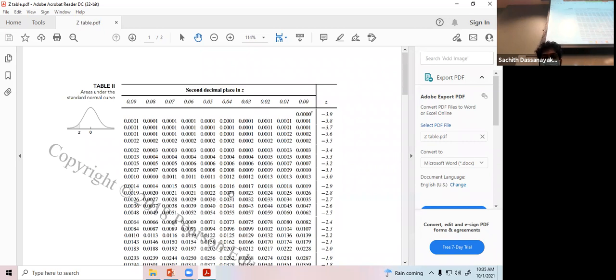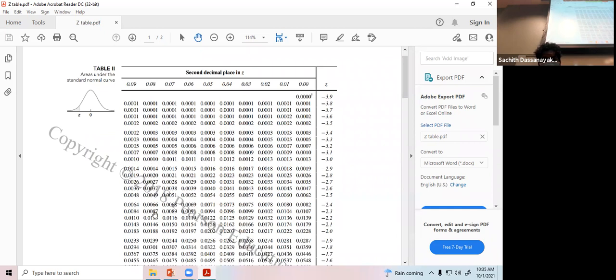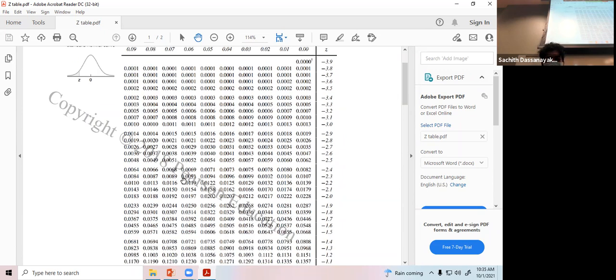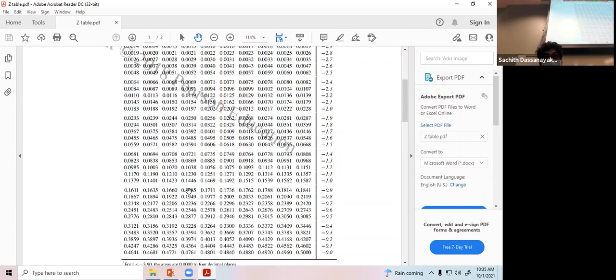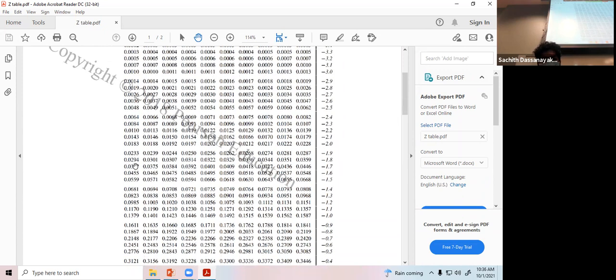So let's check 0.04 using these values. Always try to track the value using the first value. So this is 0.00, it's too small. I need 0.04. You can find 0.06 here, so it is more than what I need. Let me go back a little bit. Here you can see 0.0455.